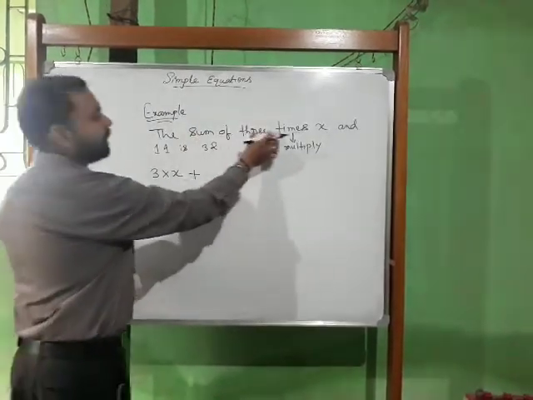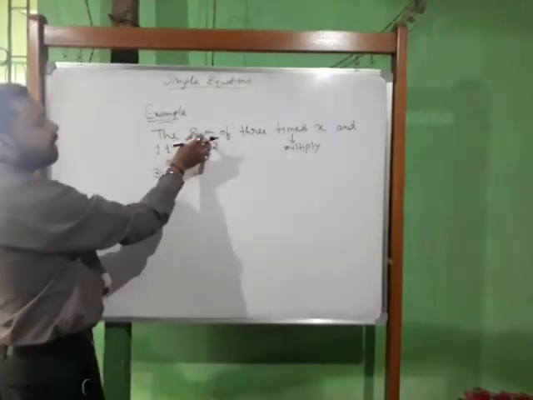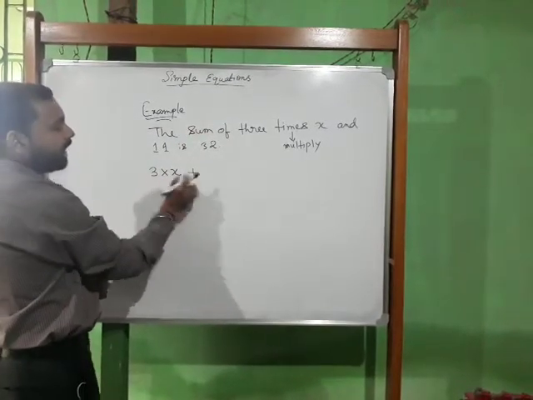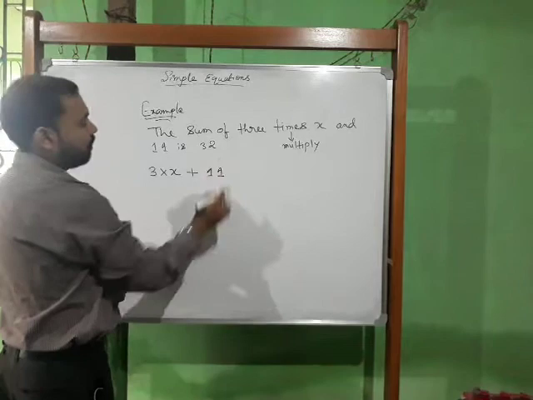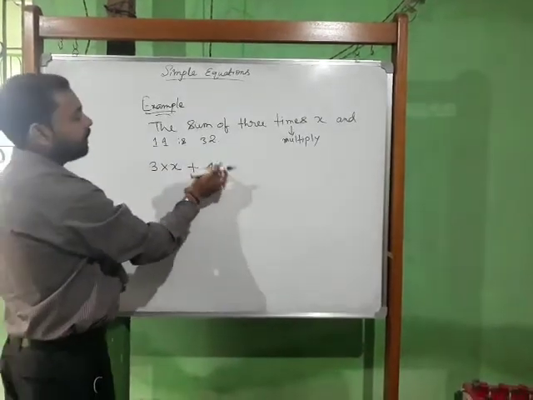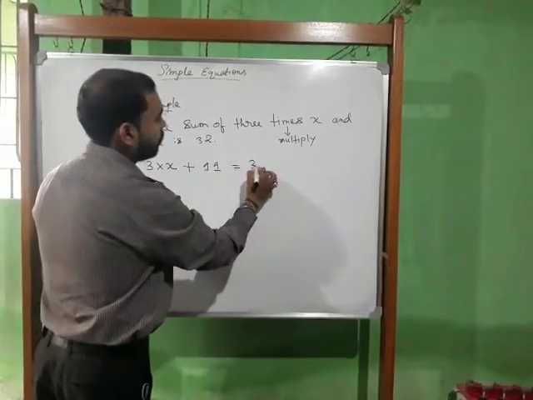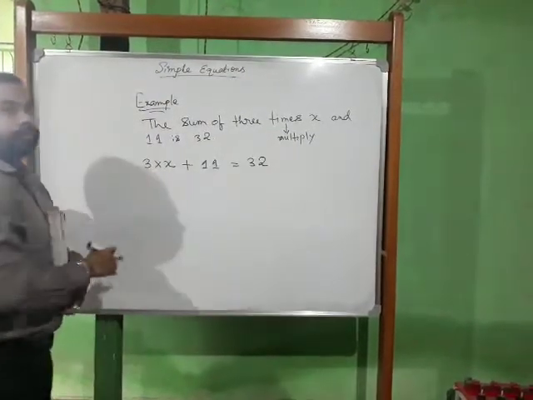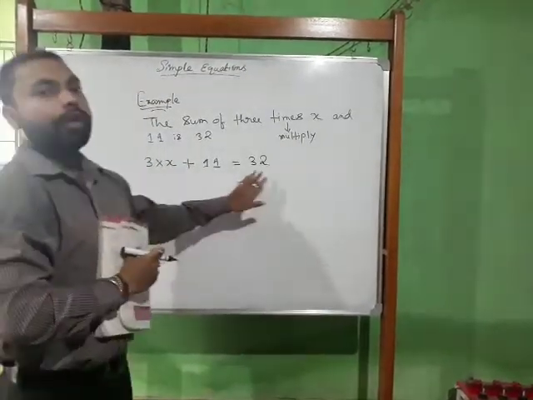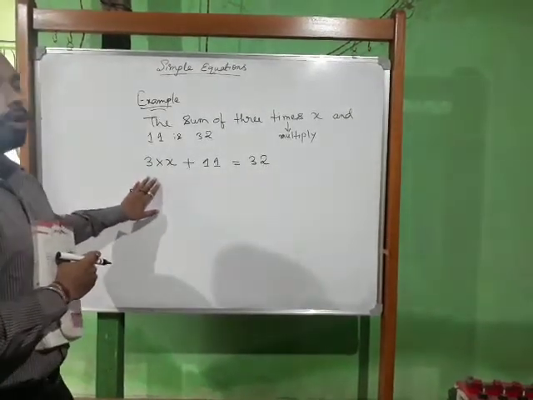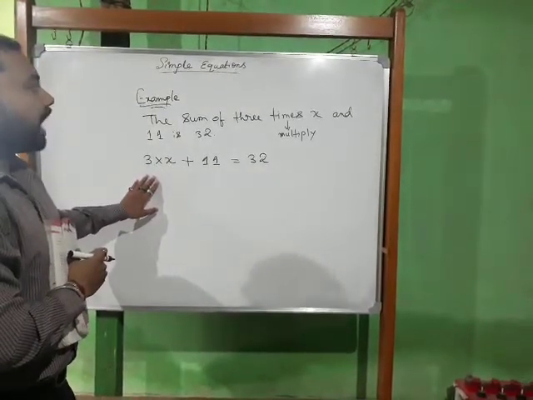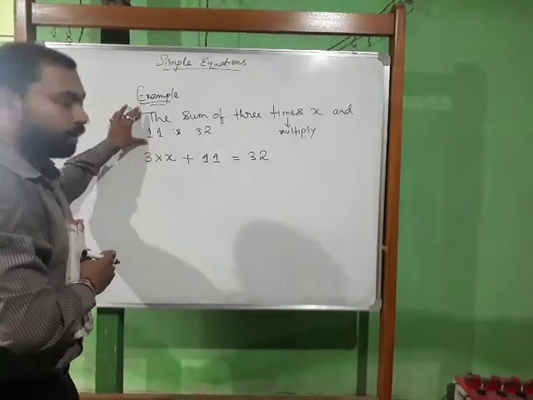Now the sum of 3 times x and 11 means the sum of 3x and 11. So 3x plus 11 is equal to 32. Now you see this statement I have written as an equation. This is the simple equation which we can write from the given statement.